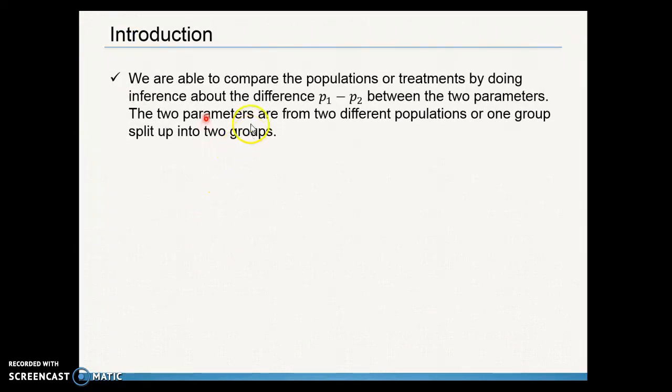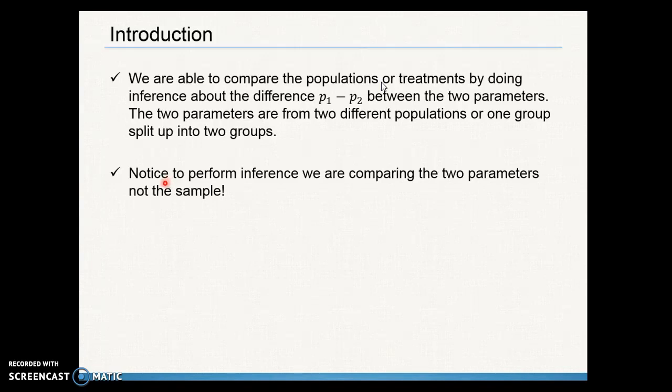We're going to compare the populations or treatments by doing inference about the difference between the two proportions. So basically, if I have two different proportions, how far apart are they? Are the two proportions the same? Are they different? Is one bigger than the other? We have two separate groups, and we're seeing if one is bigger, smaller, or the same as the other.